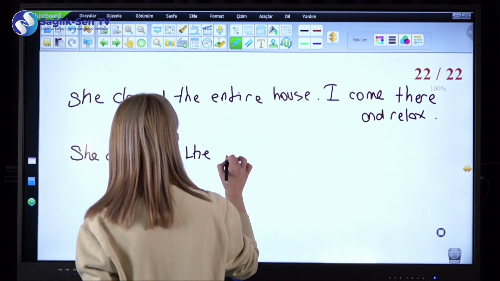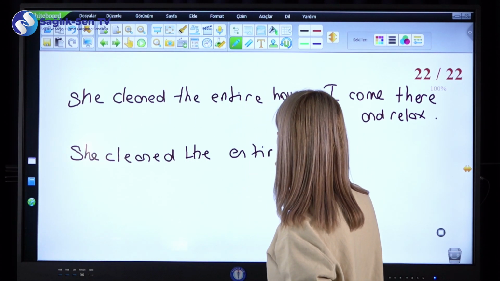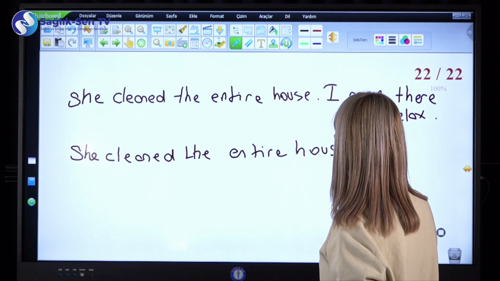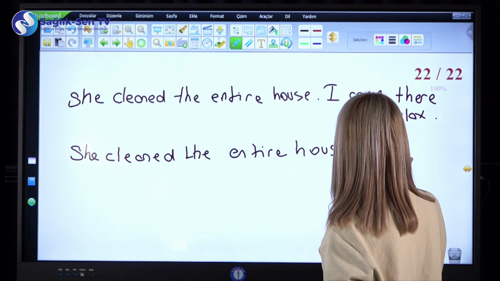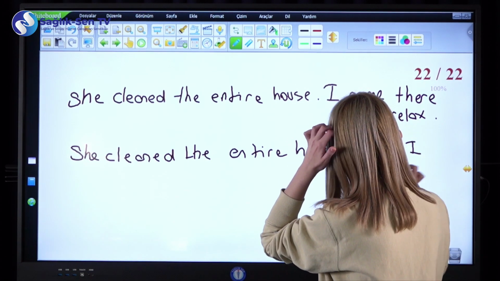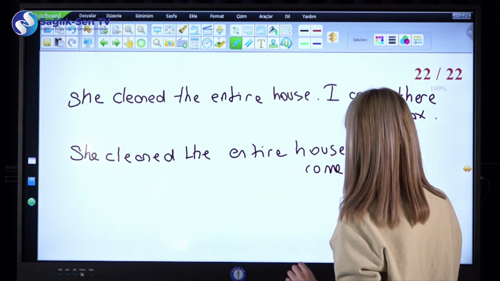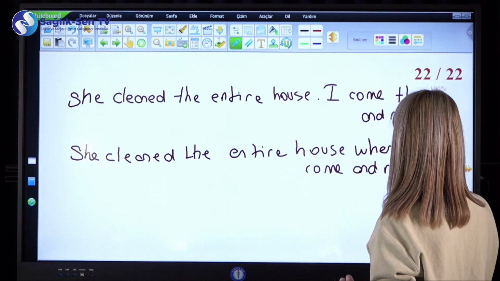She cleaned the entire house, where I come and relax.